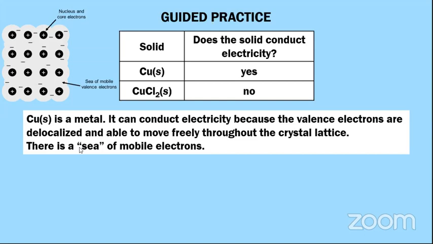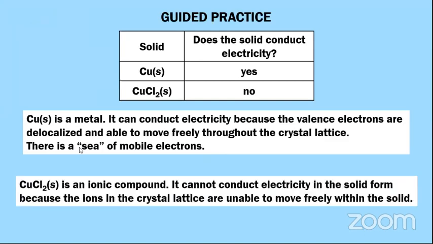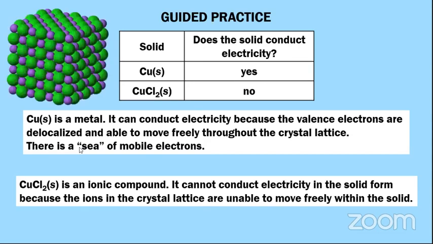It's not exactly the electrons that are locked in place, but rather the ions, the copper ions and the chloride ions. So copper chloride being an ionic compound, in the solid form, the ions in the crystal lattice are unable to move freely within the solid. Again, be specific and talk about what particles are moving or not able to move.